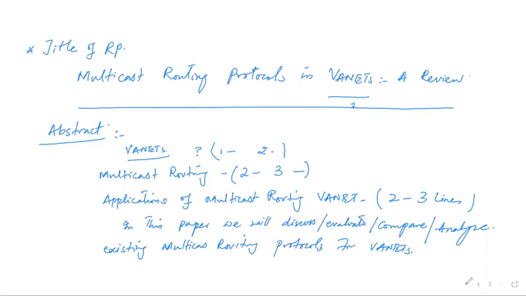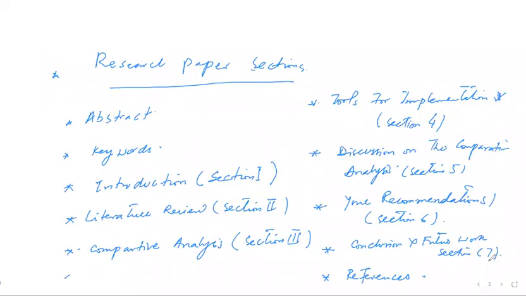And over here, before the comparative analysis, you can also add the evaluation parameters. So what are the evaluation parameters that can be used? You can treat it as section 2.1 or even section 3. It can be section 3 or it can be section 2.1.